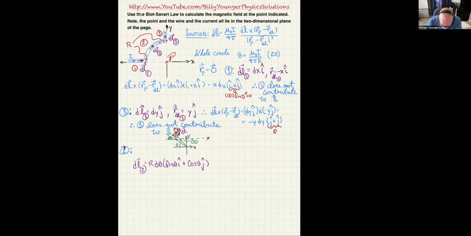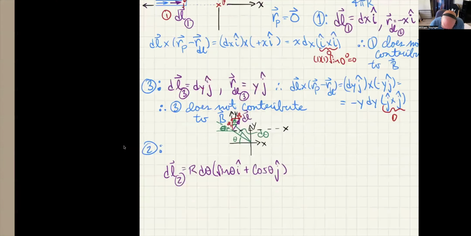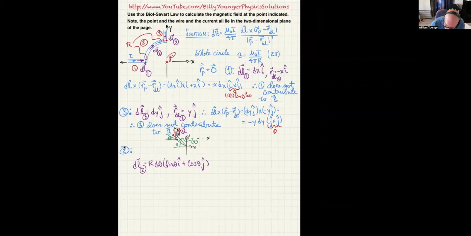We've got that. Now I also need my r_dL, and that's just a radial vector pointing outward. In fact, it looks a lot like this guy right here. That's my r_dL. And you can see that it has an x component that is just r times cosine theta, and it's got a y component that's r times sine theta. And in both cases, of course, they're positive.